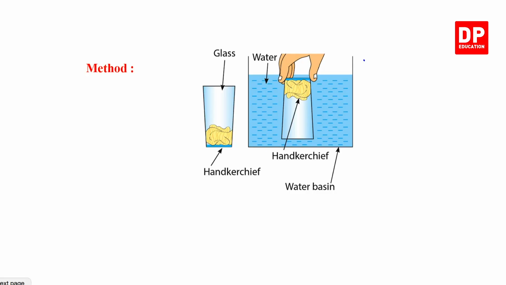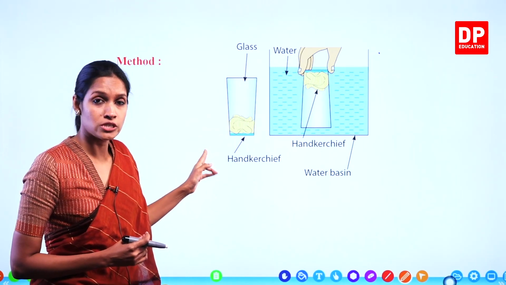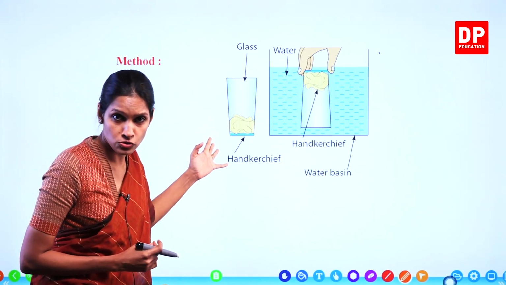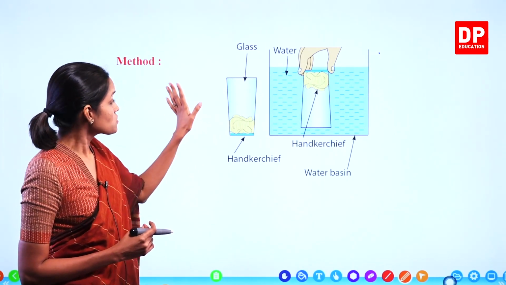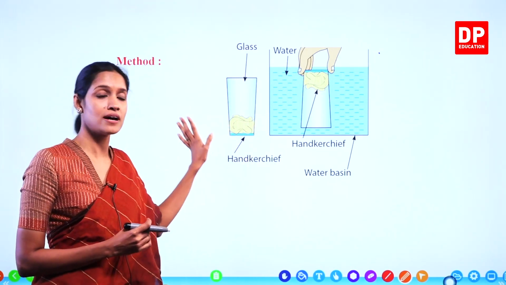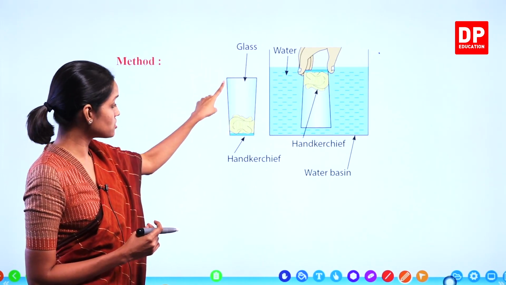So here you can see in all these diagrams, all the parts are labeled. Okay, it's very easy to represent what you have to do by using a diagram. Understand? So whenever you draw a diagram, you have to label all the parts in that diagram. So you can see in this one, we have labeled the dry glass.